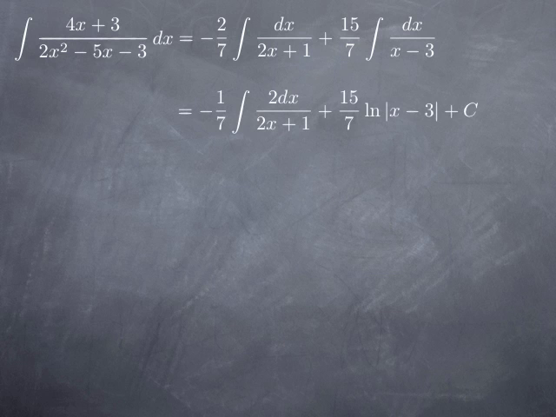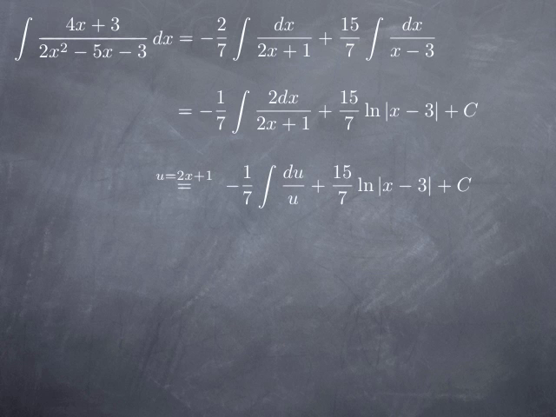I'm going to pull the 2 at the top of negative 2/7 inside the integral, just so that I have at the top the derivative of what's at the bottom. So you have to be a little bit careful when the coefficient of x is not 1 in your linear factor, because then you have a small substitution to do.